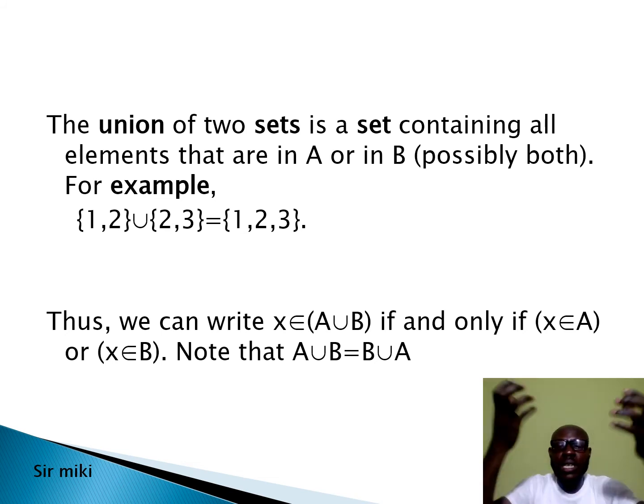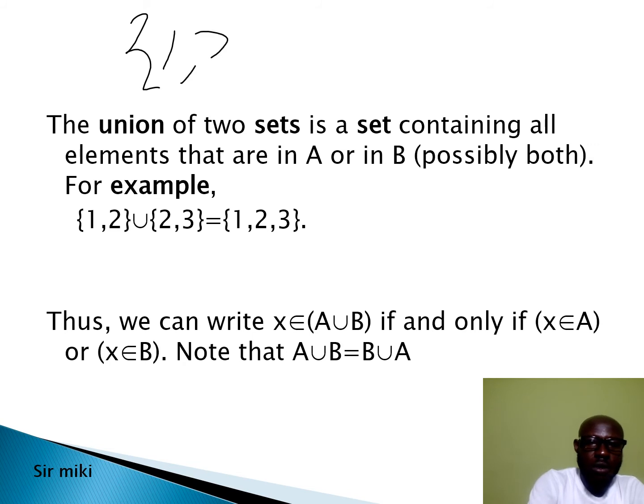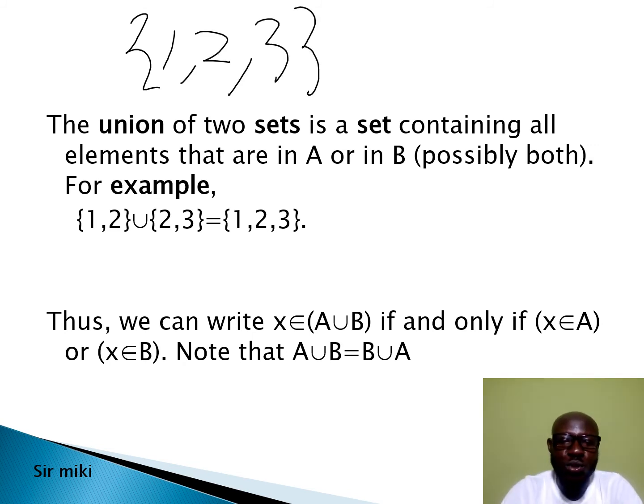Elements found in both sets, we put them together. So an example, we have a set as in {1, 2} union {2, 3}. The union of these two sets is found by putting the two sets together as in {1, 2, 3}. So we combine the two sets.